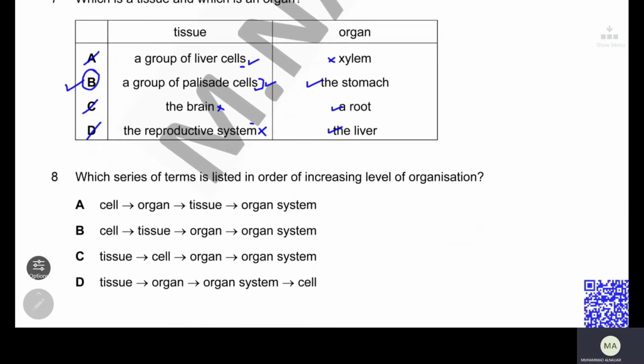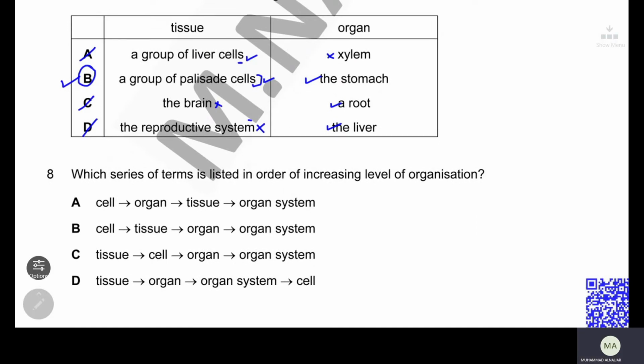Question number 8. Which series of terms are listed in order of increasing level of organization? A, cell, and then organ, then tissue. Surely it is not, because after cells we have tissues.